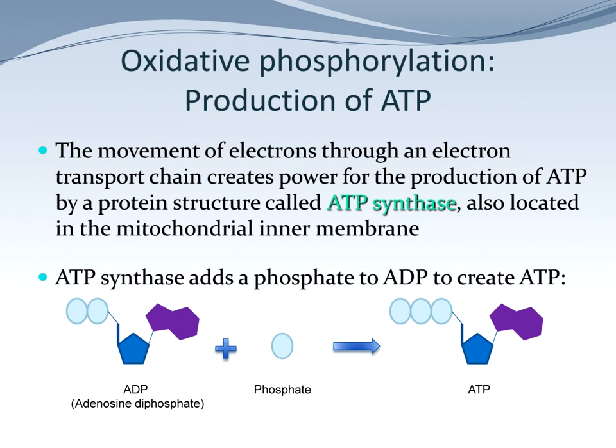It's called ATP synthase. ATP synthase is responsible for producing the bulk of ATP that is generated in cellular respiration. It does so by adding a third phosphate group to molecules of ADP. The ATP that results can be exported out of the mitochondria for the cell to use.